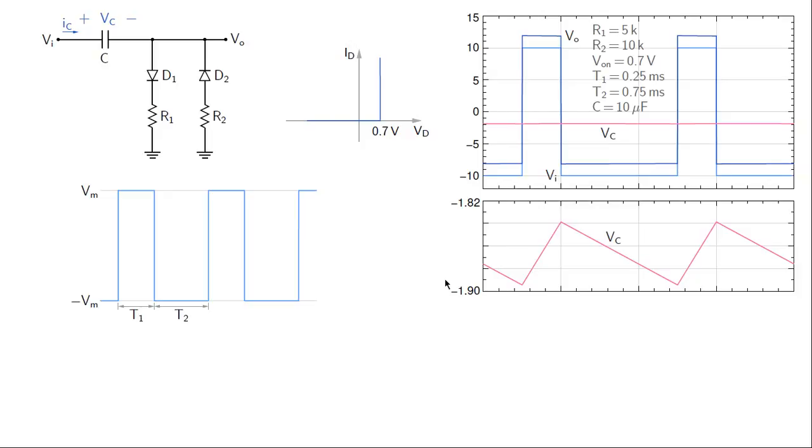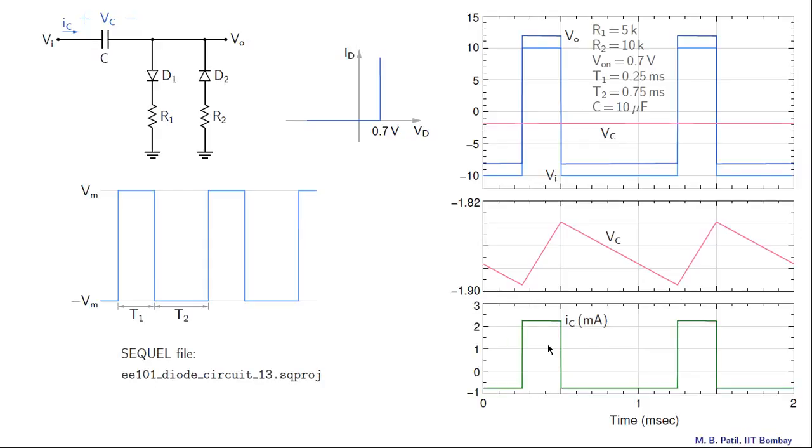And note that our capacitor voltage waveform is periodic. This value is the same as the VC value after one period, that is this one, and that is the meaning of periodic steady state. Alright, let us now look at the capacitor current.